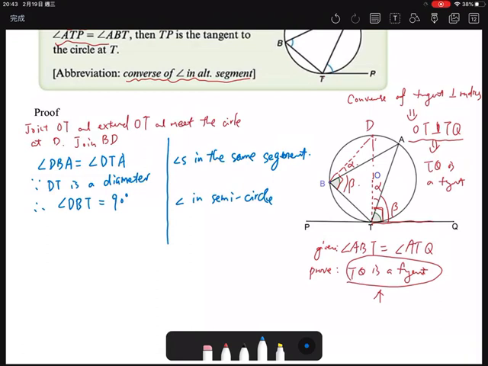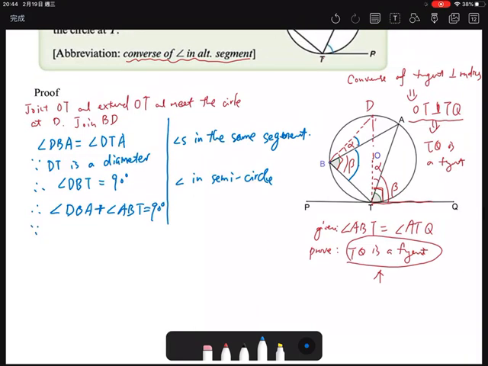And after that, so we can get that angle DBA plus angle ABT is 90 degrees also, because angle DBA plus angle ABT is angle DBT, it's 90 degrees.